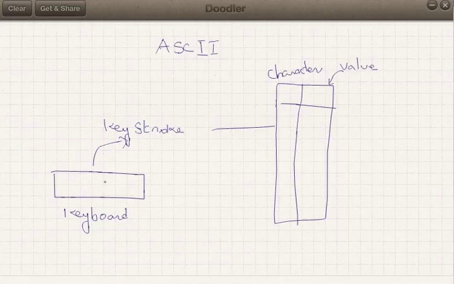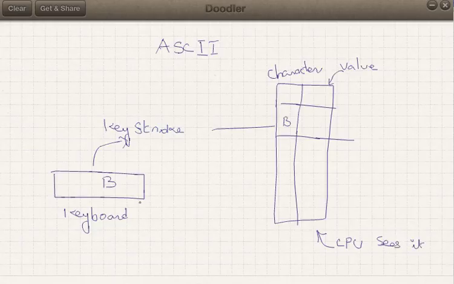Let's say you type letter B, uppercase B, there's a value in here. Whatever that value is, that is what the CPU sees, and that's what we store in the RAM.